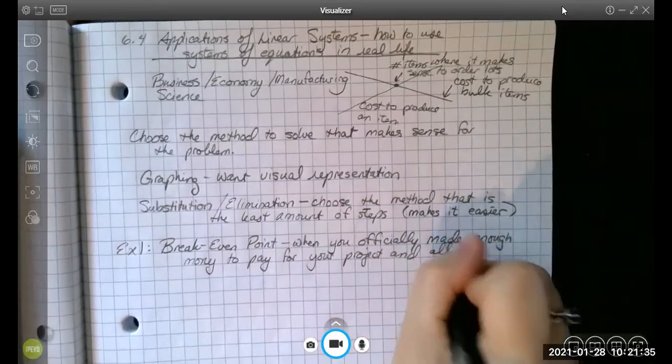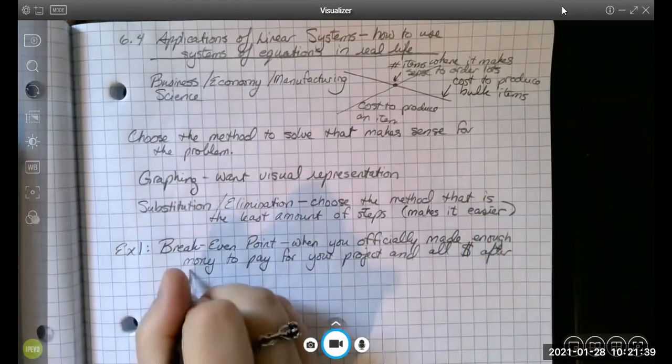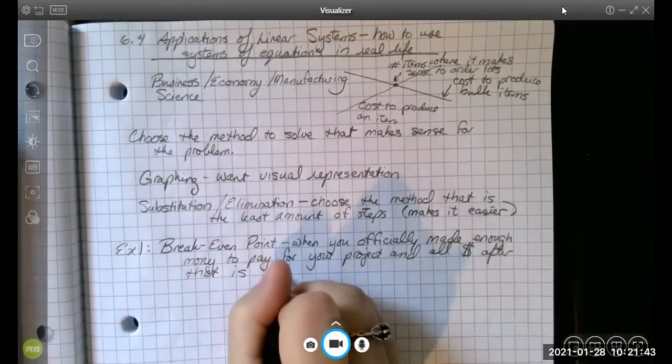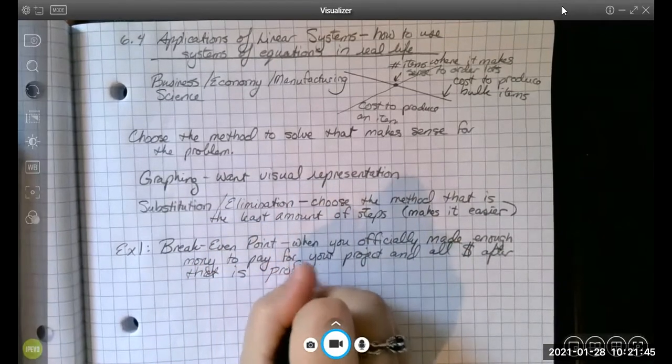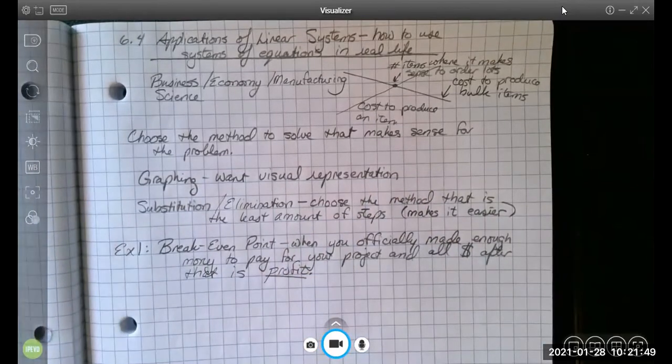And all money after that is that sweet, sweet profit. Profit is the money you make. So the break-even point is kind of beautiful. You want a low break-even point, but it'll be whatever it'll be depending on your business. And everything after that is great.